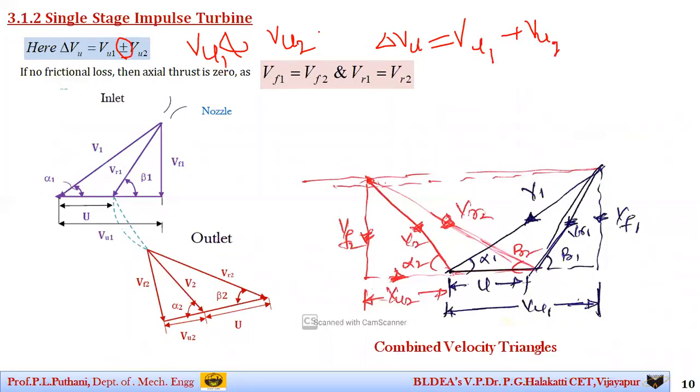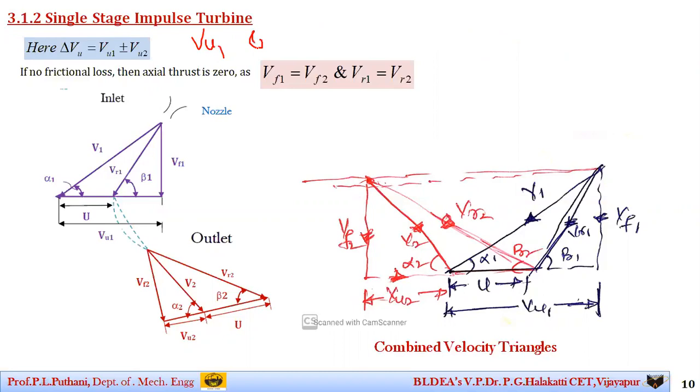If VU1 and VU2 are in the same direction, then delta VU is equal to VU1 minus VU2.